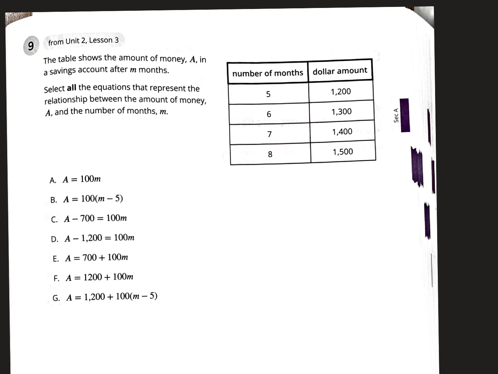Okay, the last one I've asked for is number 9. And so this one could be a little bit tricky because the number of months is equal to M, and then the amount of money is equal to A. So let's see how we can tell which one of these represents. So I'm going to tell you one of the answers is C, and here's why.